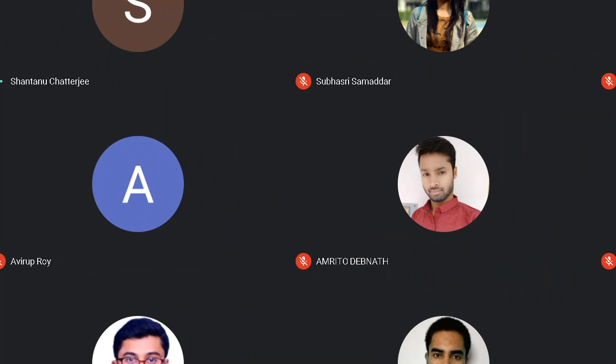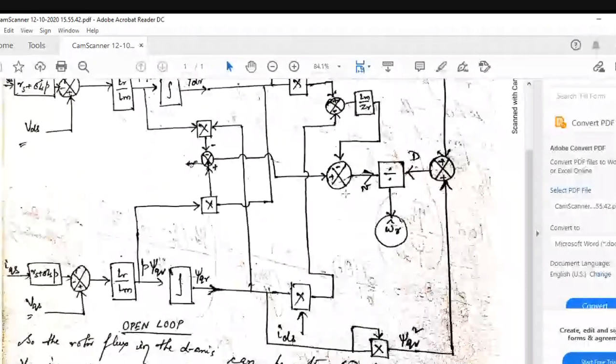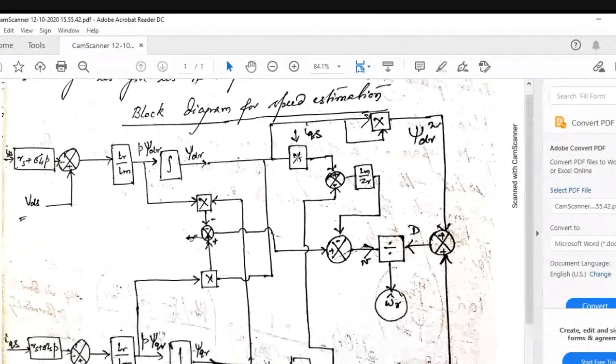You need to express this omega r. Just observe this one. You need to get phi dr square and phi QR square. How can you get it? This one is phi dr, so here also you get phi dr. Phi dr into phi dr, this is the multiplier block, gives phi dr square.